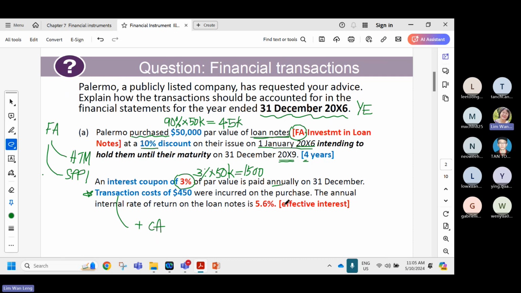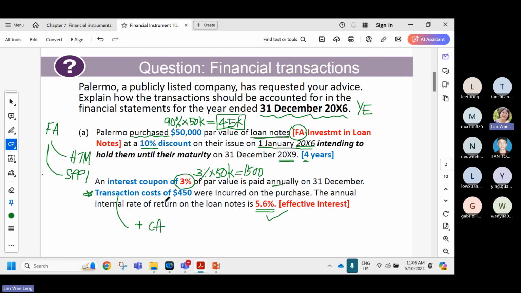And then they tell you the annual internal rate of return on the loan notes is 5.6%. So this is your effective interest rate that you need to use so that you can complete your amortization table. Okay, got that? So this was the initial sum that you pay for this financial asset.